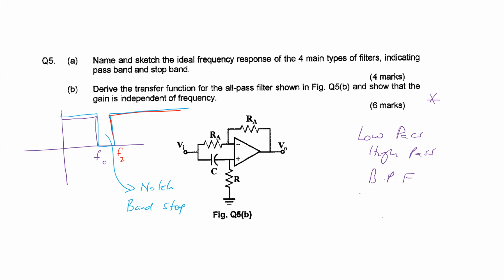And then the other one is, if I take the characteristics here, and I have a high pass filter that does this, remember, a high pass filter starts at some frequency and passes everything above that.